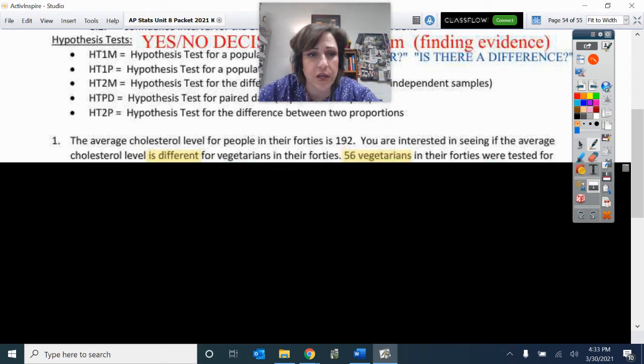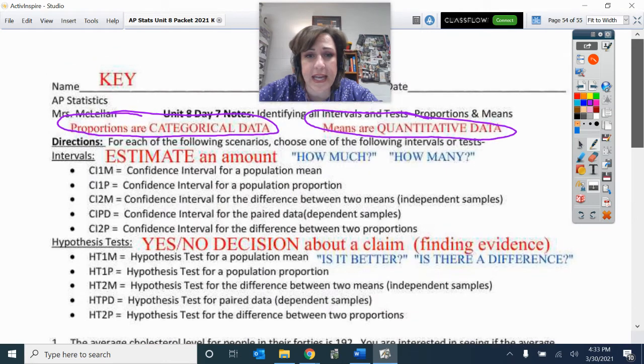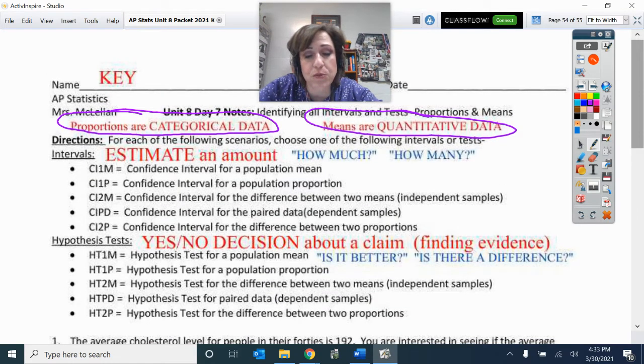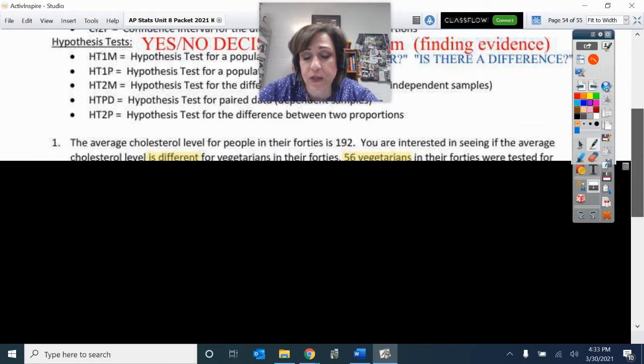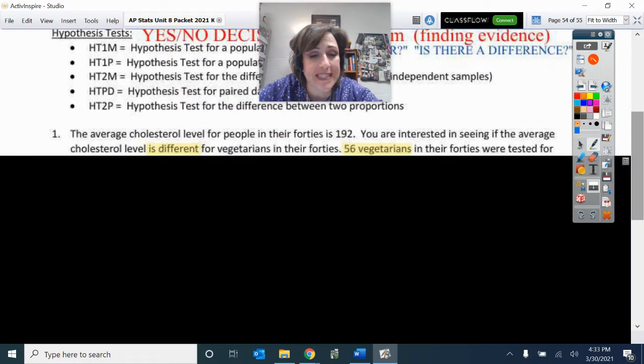Okay. So we're seeing if there is a difference. Doesn't seem as though I'm estimating how much more one is than the other, or how many do I expect to be doing something. Okay. Is it different? So I'm thinking maybe this is a hypothesis test, but we'll see.